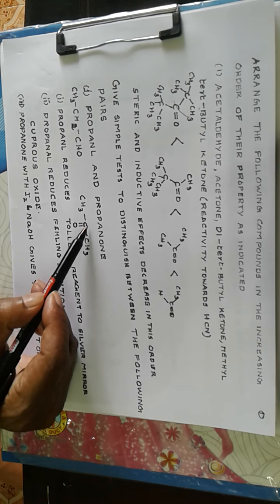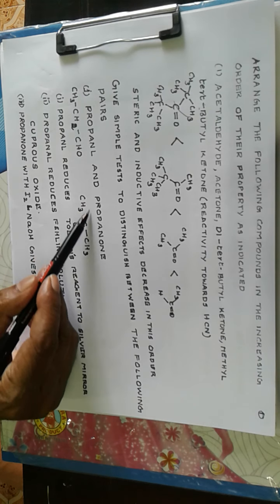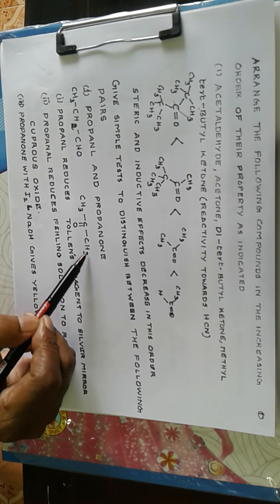Now these two reactions are not given by propanone, that is acetone, but acetone contains a CH3CO group. So one CH3CO group is present in acetone or propanone, and such compounds can react with iodine and alkali to give a yellow precipitate of iodoform, CHI3.